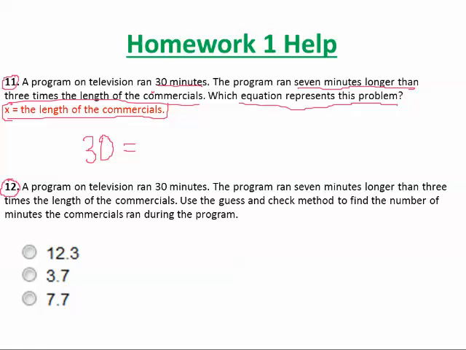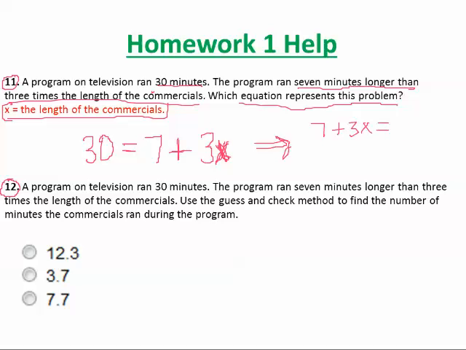The program is 30 minutes, and the program ran 7 minutes longer than 3 times the commercials. So do you see that they're telling us that 30 minutes is 7 minutes plus 3 times however long the commercials were. This is the equation, and I want to point out that you could write that equation in different ways. So let me just say, you can put the equals up on the other side.